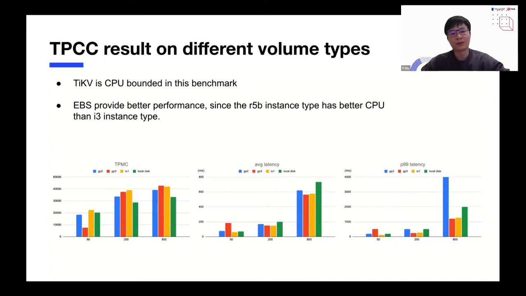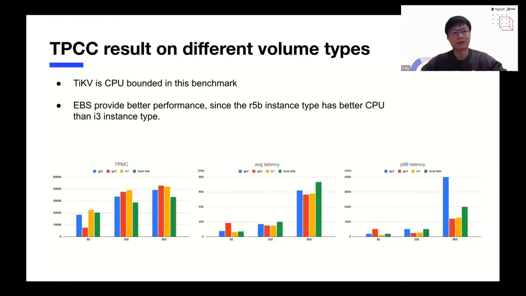But when we have a heavier workload, for example, 200 or 800 TPCC client threads, the EBS actually performs better. The reason is that TiKV is CPU bound in this benchmark, and under many other types of workloads, so the disk latency represents a smaller ratio of the overall performance.